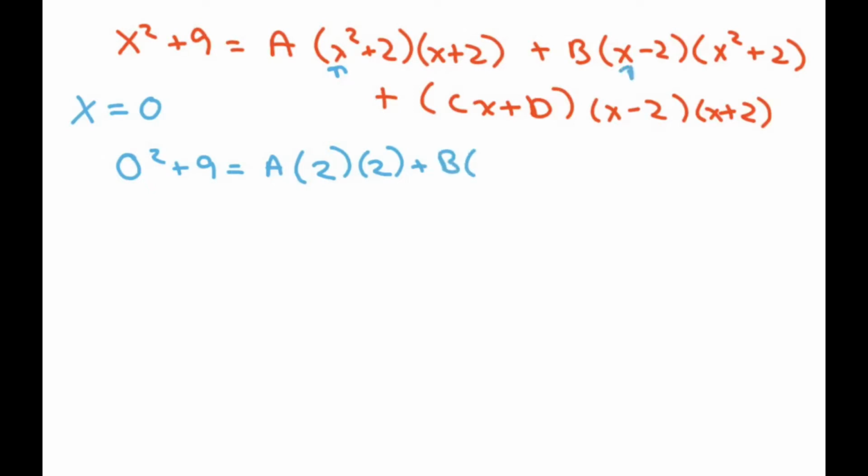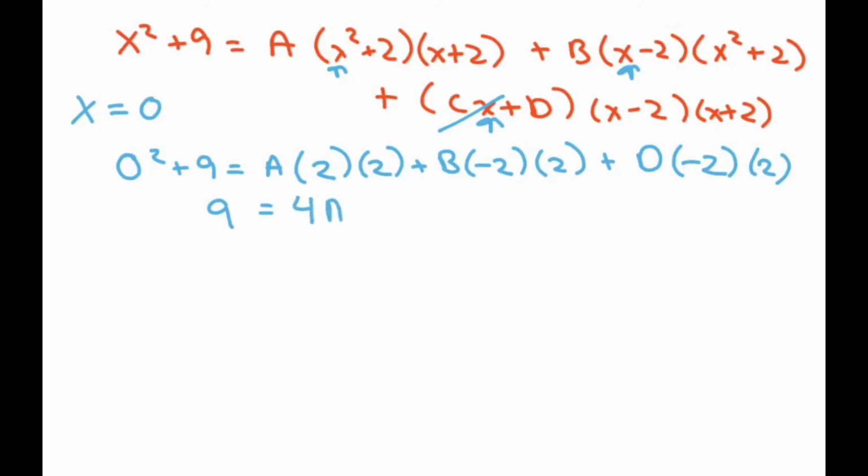I'm plugging in zeros here, so that's going to be negative 2 times 2 plus, and that zeroes out my c here. That's why I wanted to use that. So that's going to be 0, so I'll cross that out. We're going to get d times negative 2 times 2. So that's going to give me 9 equals 4a minus 4b minus 4d.